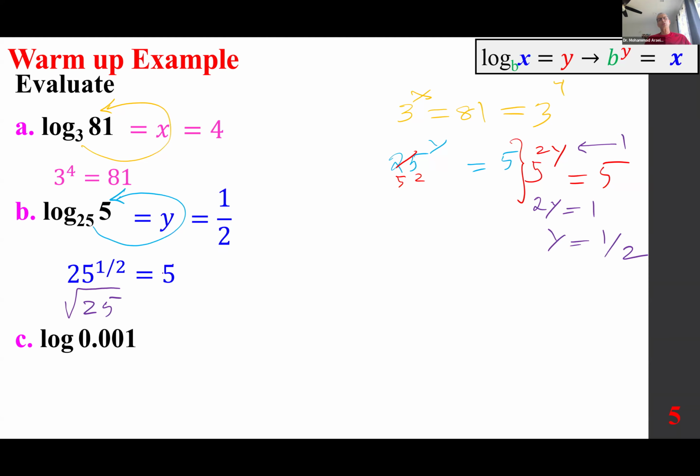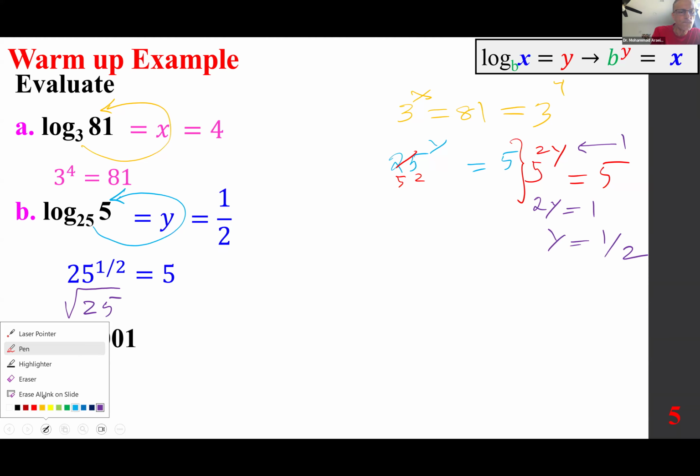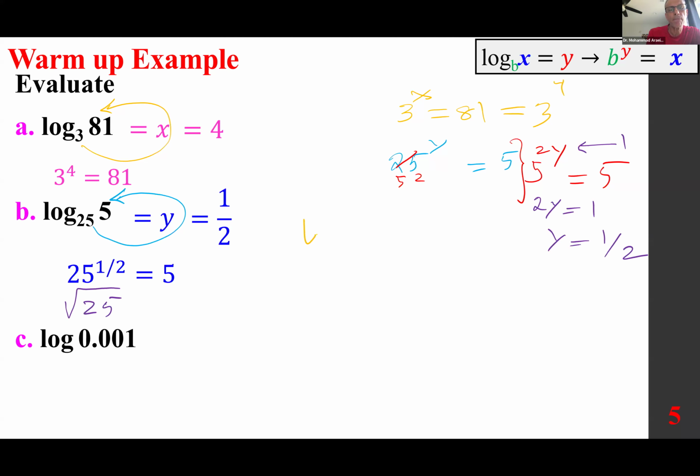What about log of 0.001? I'm going to remind you: log 10 equals 1, has 1 zero. Log 100 is 2. Log of 10,000, 4 zeros, that's 4.